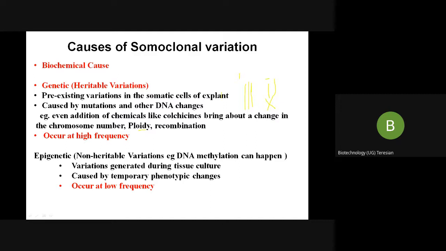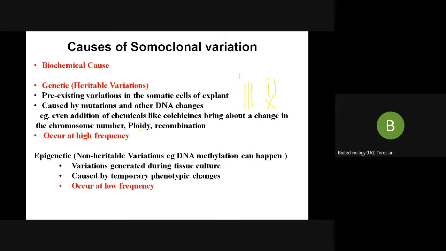One chromosome has gone and attached to the other chromosome, so they have changed position. Recombination has occurred. So a character which was not there in the parent, because of recombination, you are seeing in the progeny as a different character. That is called recombination. So recombination can happen, ploidy can happen. That is, the genes change their position in the chromosome.